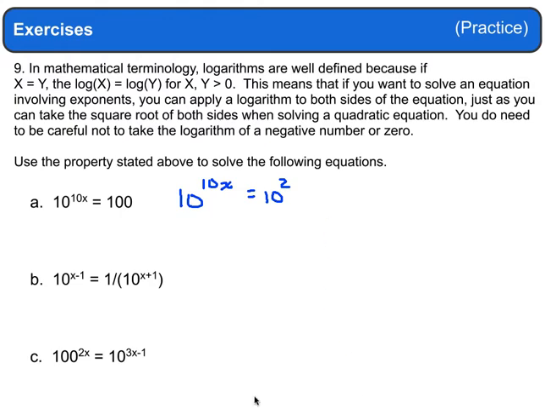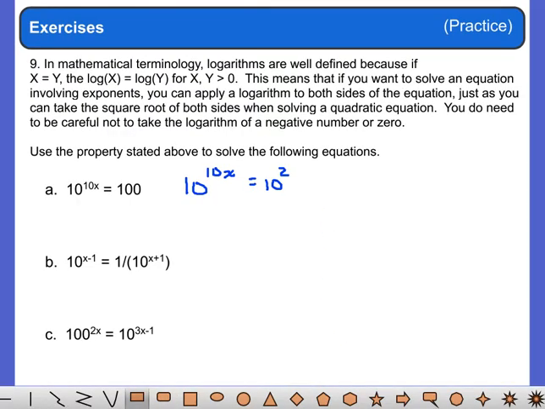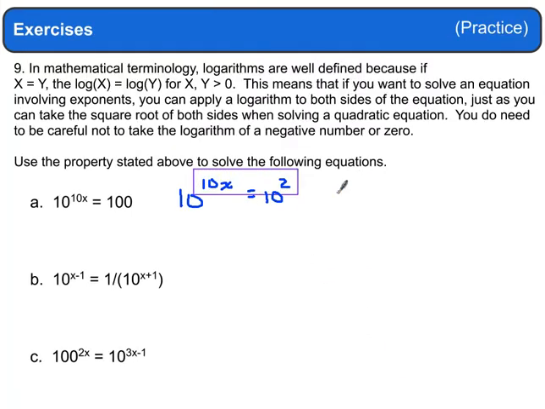Once the bases are the same, the only part I'm interested in is the exponents. And so now I could just say 10x equals 2. And so therefore I find out that x will equal 2 over 10, which will equal 1/5.